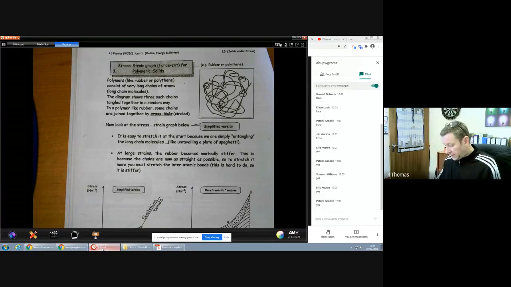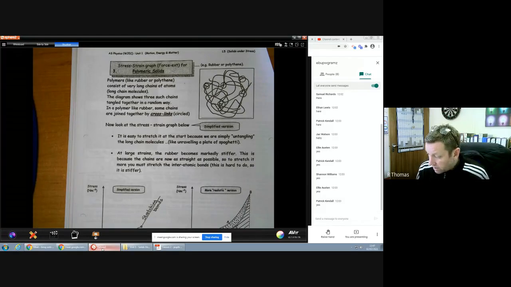So now we're going to speak a little bit about our stress-strain graph for polymeric solids. So this is our plastics, our rubbers, and if you remember when we spoke last time, you had to think of it as being like a plate of spaghetti, and the initial stretch untangles the spaghetti, and then the next stretch will stretch the bonds themselves.